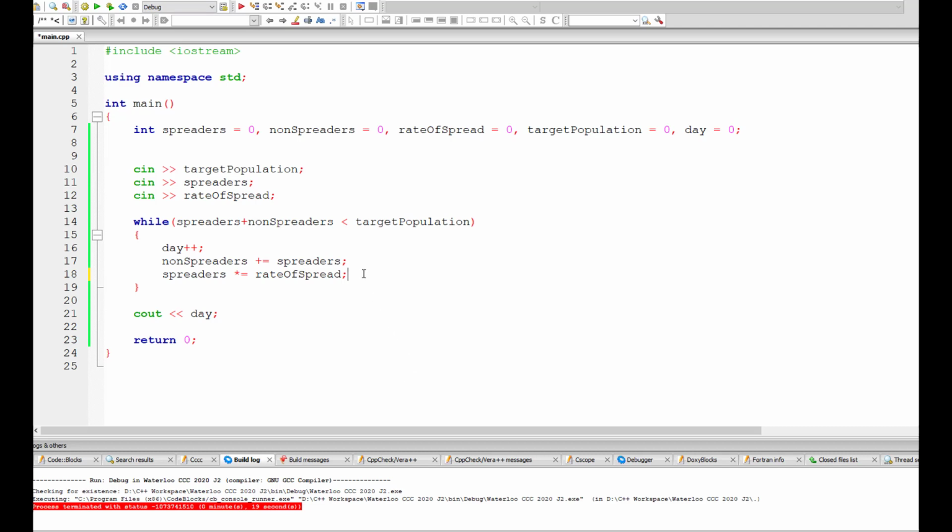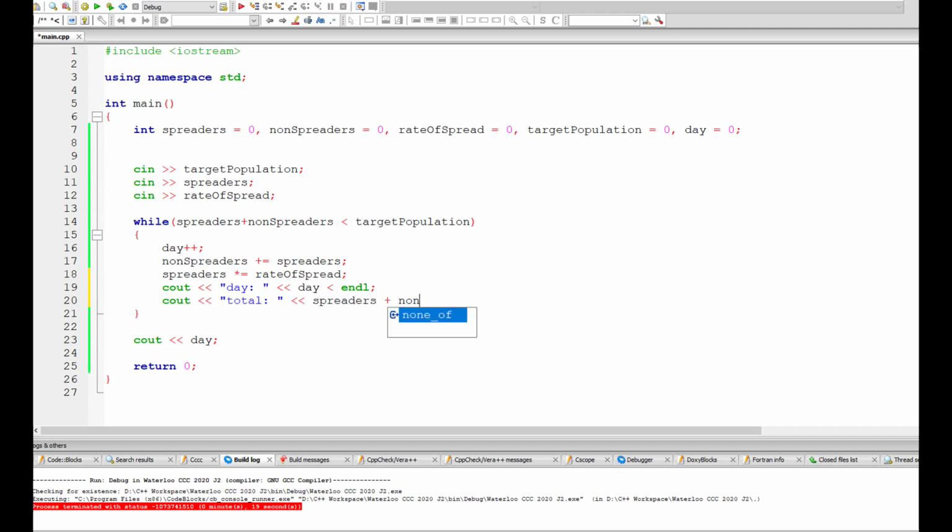So what we can do is just track what's happening here. We're going to say see out the day and take a look. And I think what's happened will become apparent here. So we're just going to say what the day was, and then the total number of people that were affected, that's the spreaders plus non-spreaders.